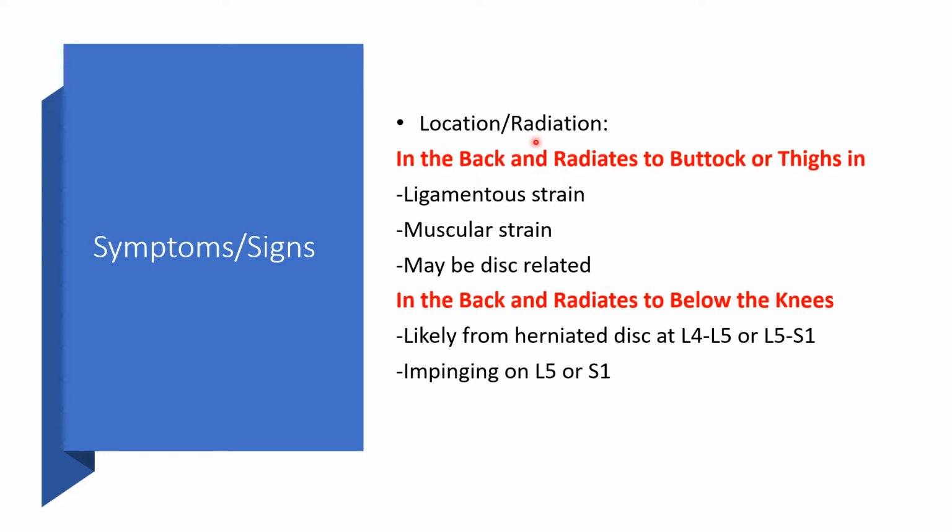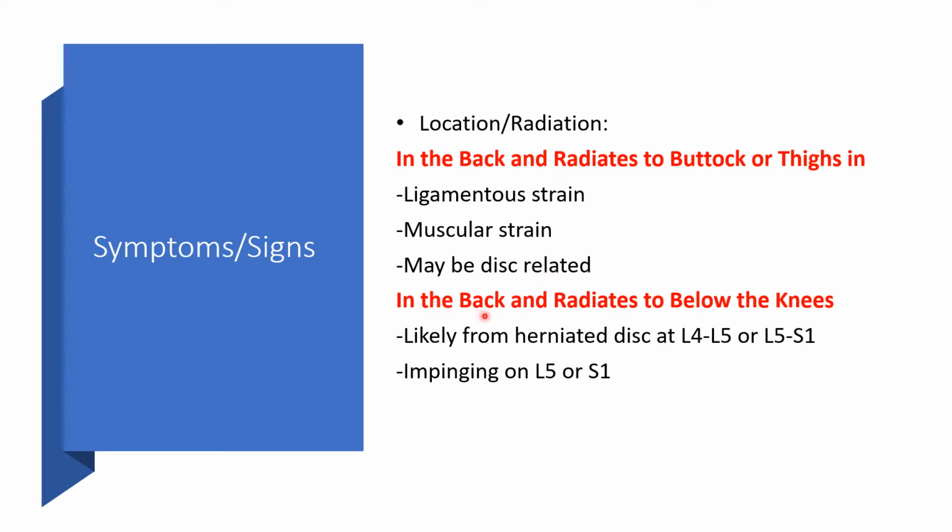Location and radiation. If the pain is located at the back and radiates to the buttocks or thighs, then it's likely ligamentous strain or muscular strain, and sometimes may be disc-related.